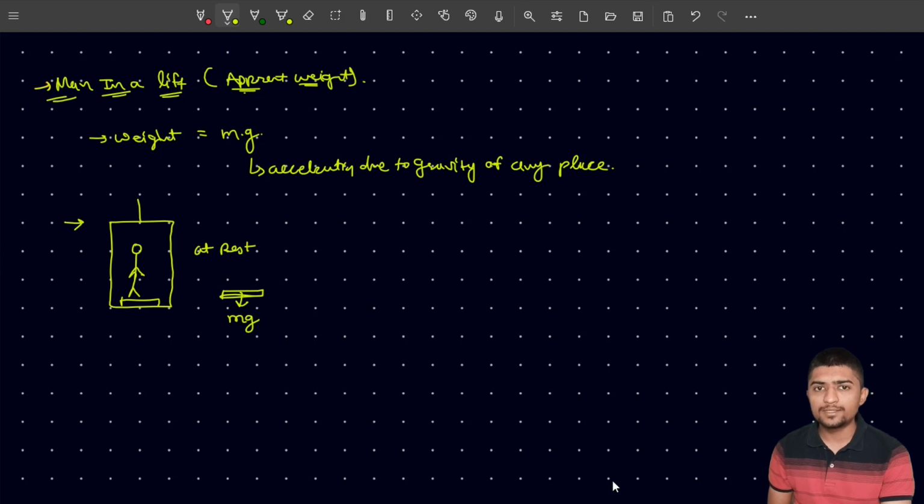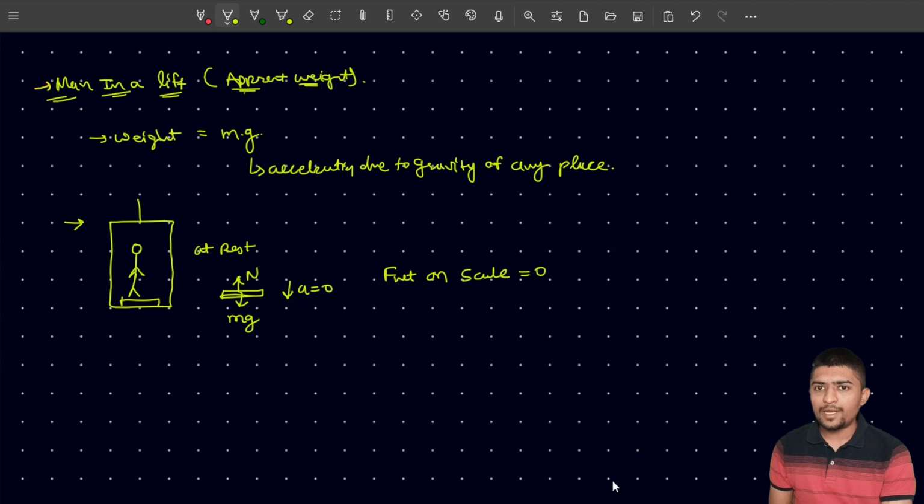The man is pressing it downward, and the floor of the lift will provide the normal force to this weighing scale, which is in the upward direction. The acceleration is 0, so the net force on the scale is equal to 0.